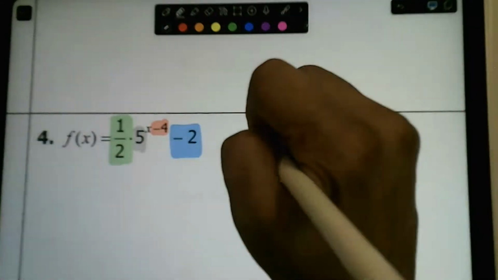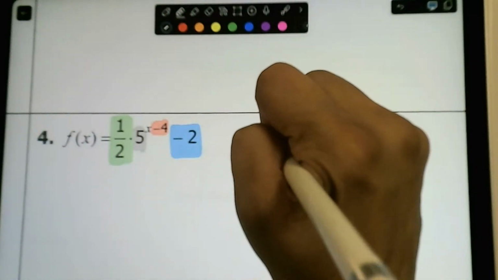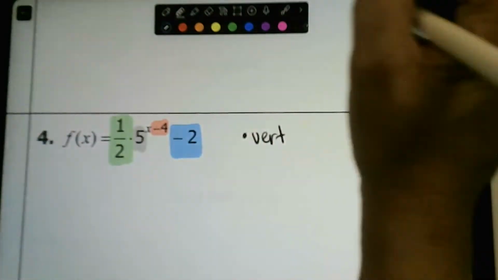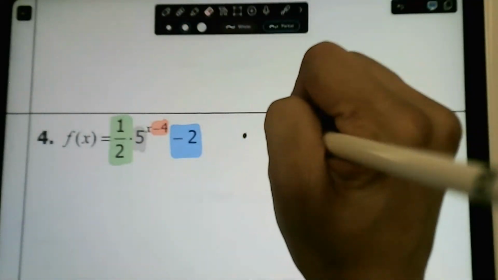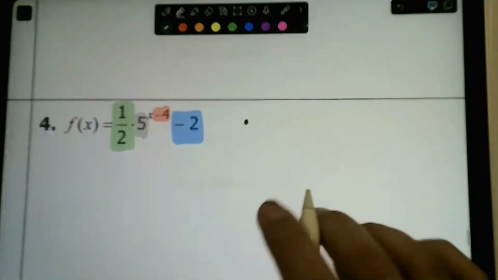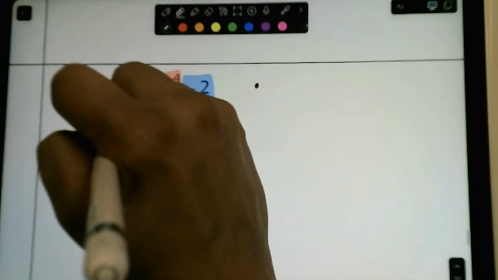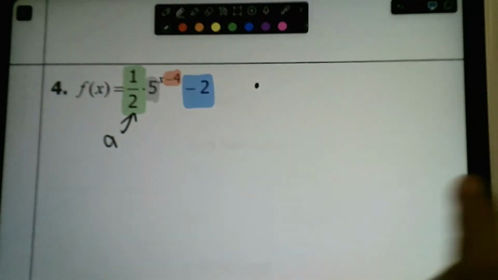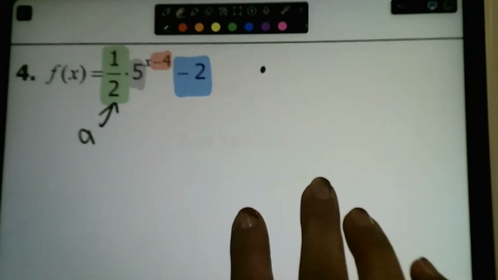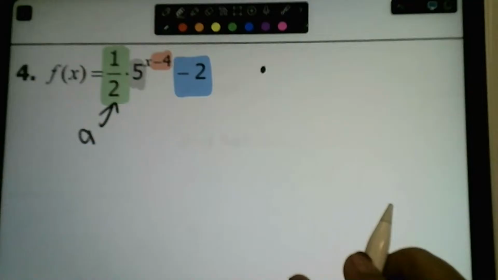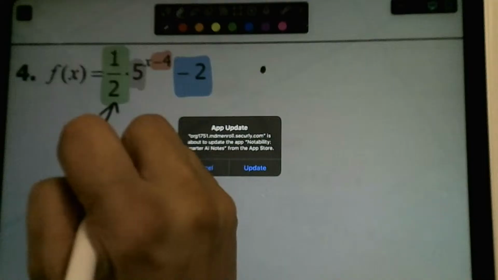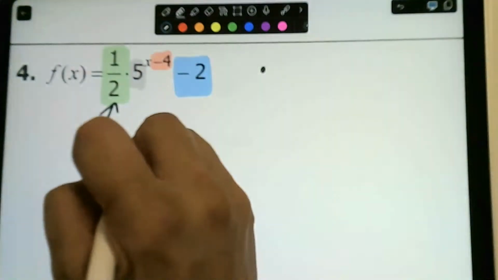All right, let's start reading these. The first thing that we look at is our green thing. All right, so this is A. A is 1/2. Is A positive or negative? It's positive. So if it's positive, do we have a reflection?